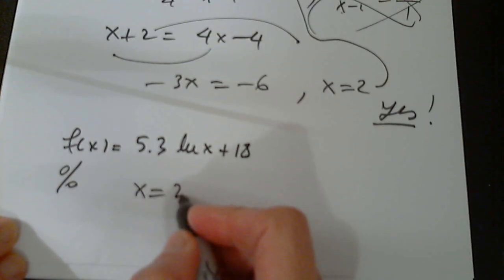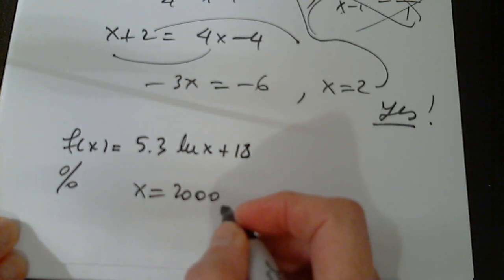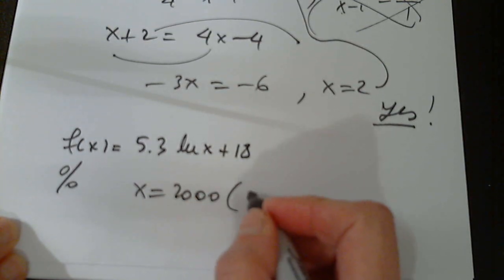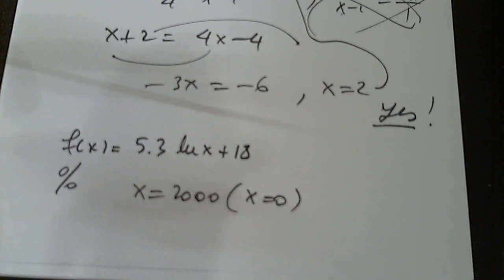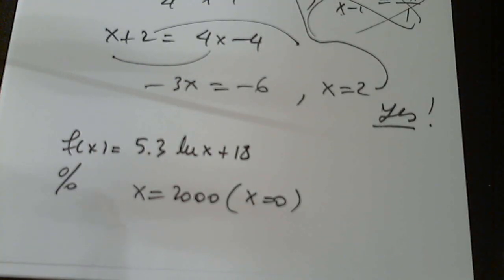So 2000 means x equals 0. That's what I meant to say. Answer parts A and B. Use the function to find the percentage of adults who put off medical treatment because of expense in 2019.